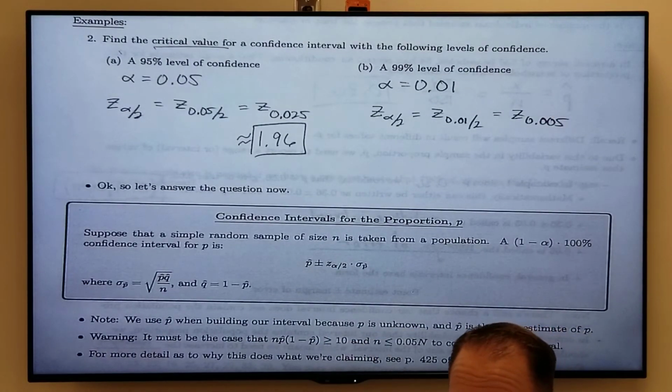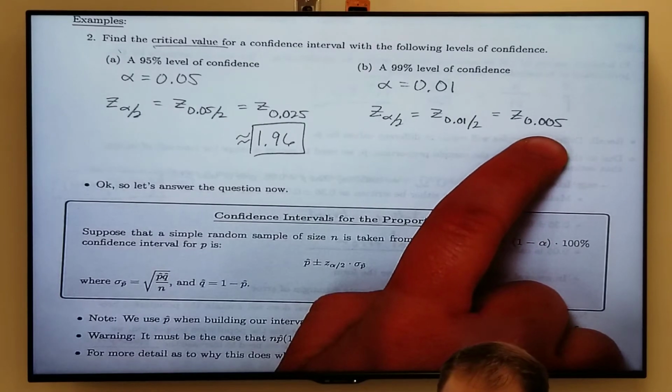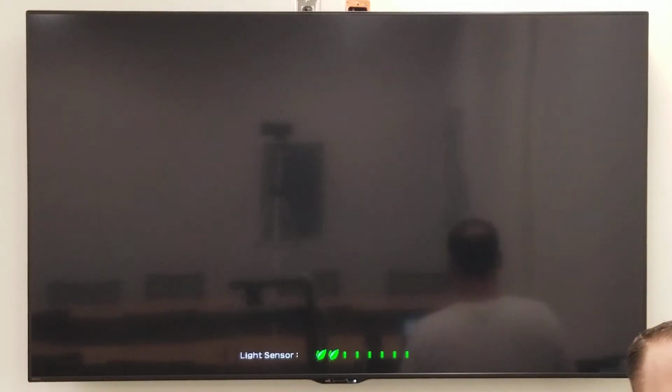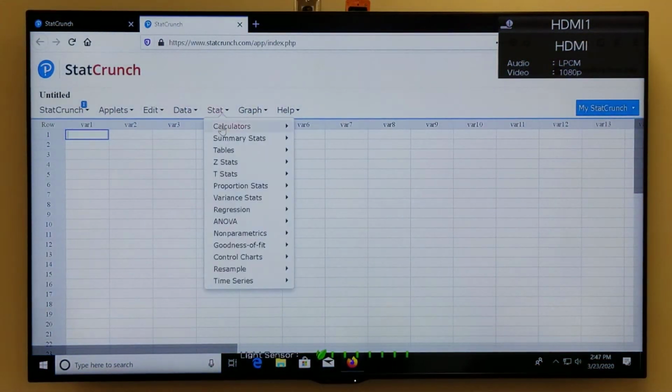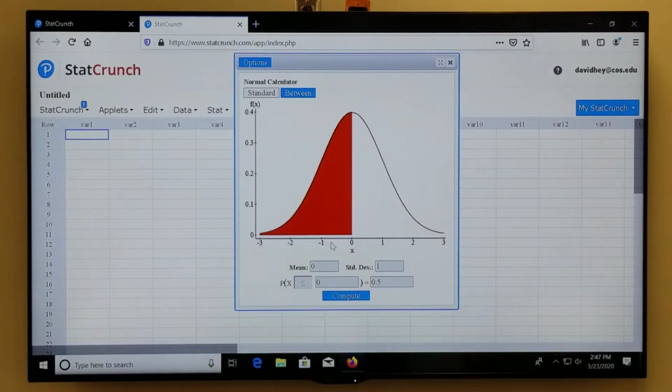So again, we're going to go to StatCrunch, and we're going to fill in area of 0.005 in the normal calculator. So let's do that. We go to Stat, Calculators, Normal. We're going to leave the mean at 0, the standard deviation at 1.